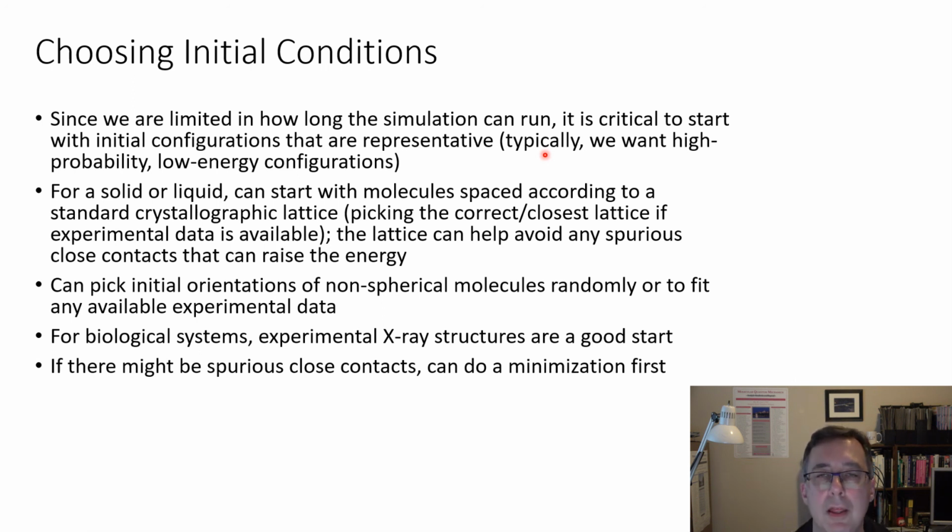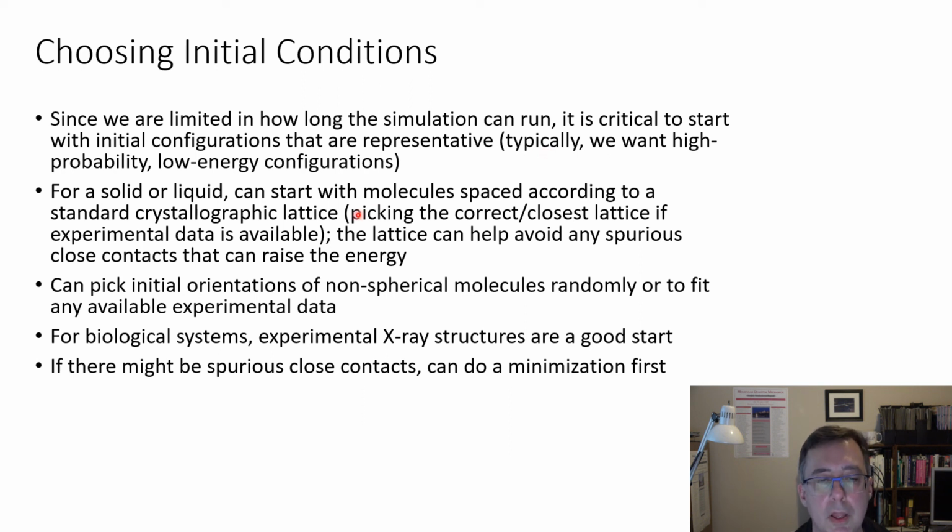Why? Because Boltzmann tells us that the high energy configurations are just less probable. And so I probably don't want those in my initial coordinates because they're just not very likely. I would like to start with a representative set of coordinates, and those will typically be ones that are lower energy, more stable sets of configurations. So that's what we're looking for.